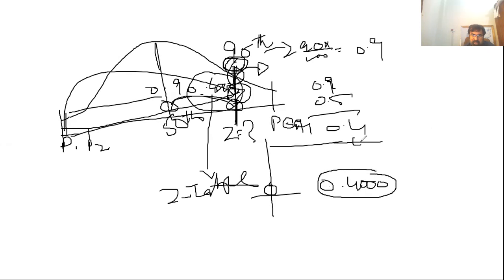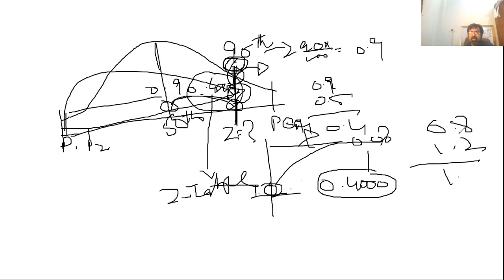Like if it is under 0.08 and 1.2, I'm just assuming, you add up these two values, 1.2 and 0.08, so it becomes 1.28.